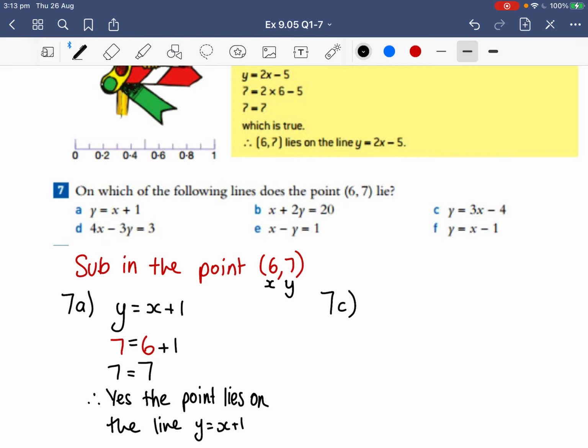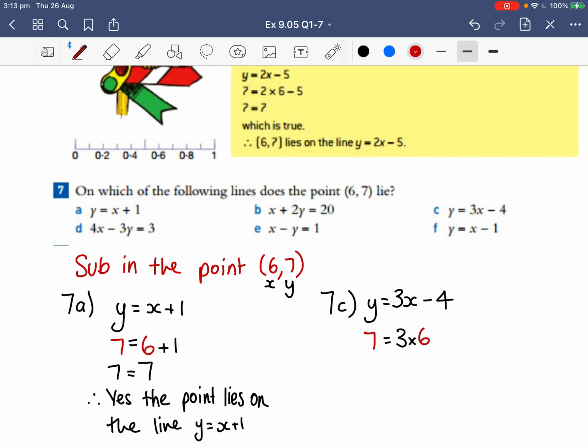If I was to have a quick look at C, we will see that we have the equation y equals 3x minus 4. Now I'm going to do the same thing. I'm going to substitute in my x value of 6 and my y value of 7. So my y value is 7 equals 3.